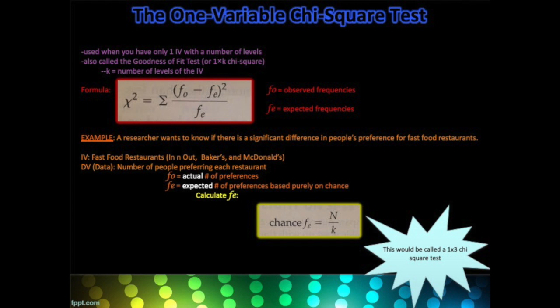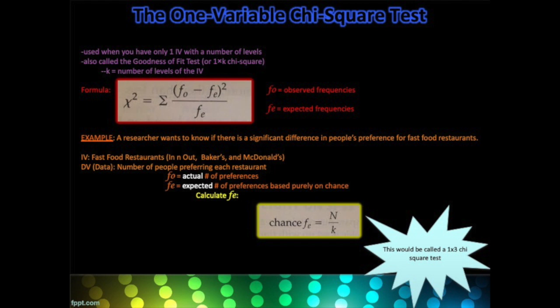And so we have some new symbols here that we haven't seen before, like the FO is equal to the actual number of preferences, so what people said they preferred. And then the FE is the expected number of preferences that are based purely on chance. So for example, the FE is calculated by taking your N, your number of people, divided by your number of levels.